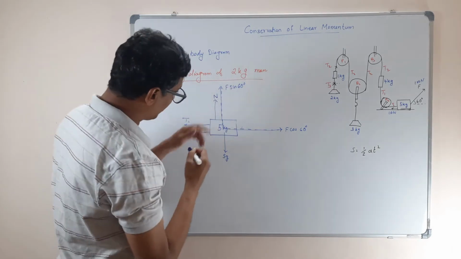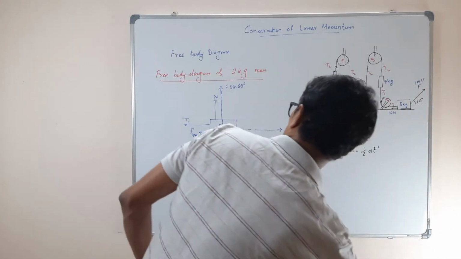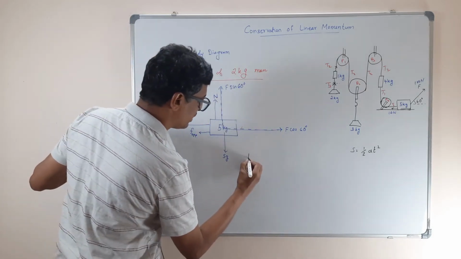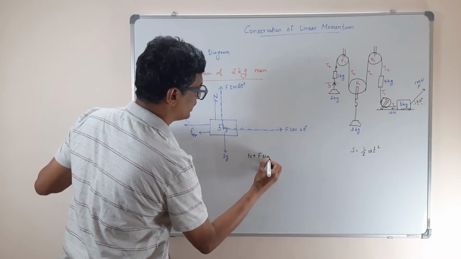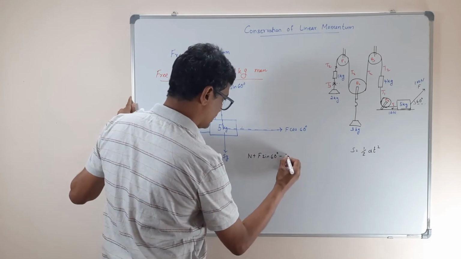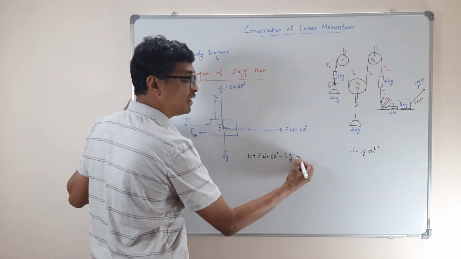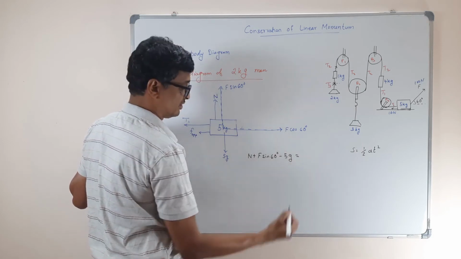So in that case, your free body diagram gives you, here I can write, N plus F sin 60 degrees minus 5g will be equal to what? Zero. Correct, zero.